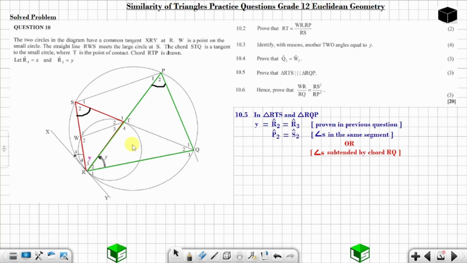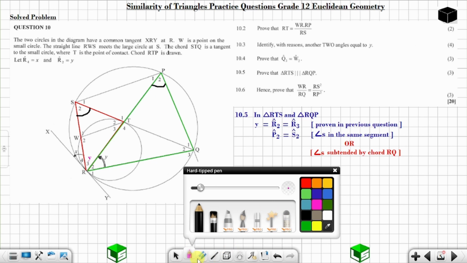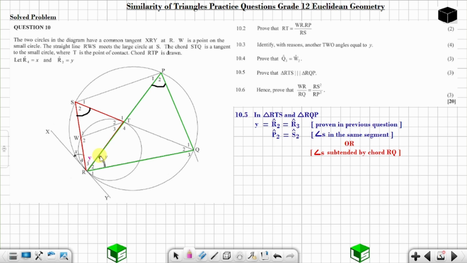So this angle in this triangle is equal to this angle in this triangle. So you have two angles in one triangle equal to two angles in another triangle. This angle is equal to this angle, and this angle is equal to this angle.